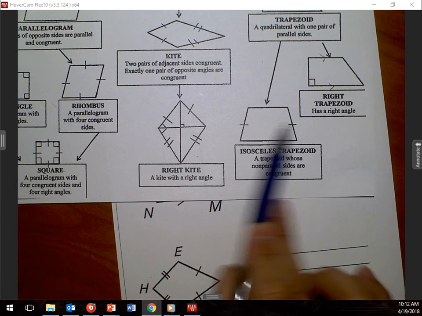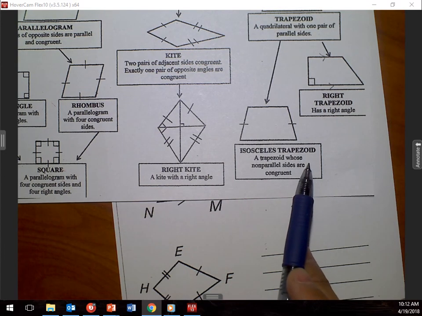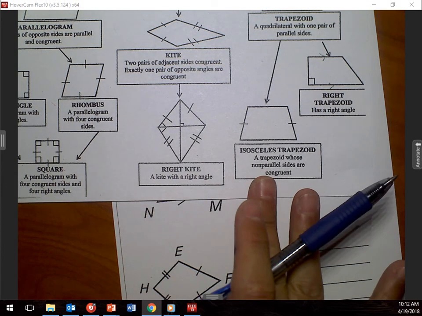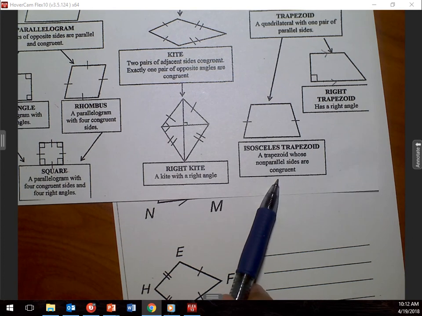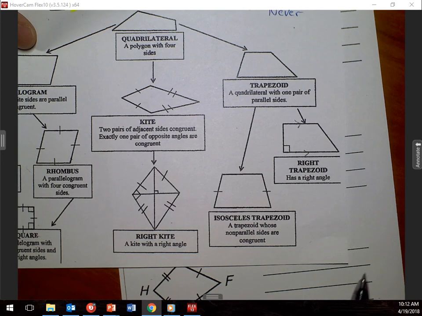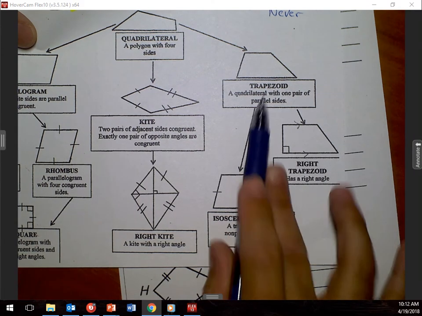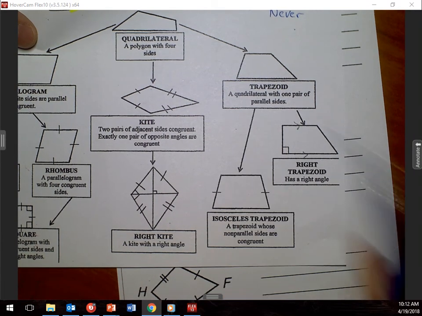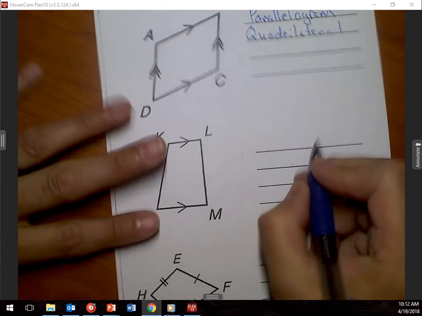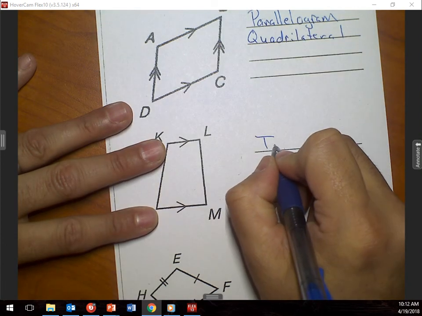If you notice, the congruent markings are the tick marks, right? Is that pretty straightforward? So this one has to be what? Is there a right angle there? No. So if it's a trapezoid, it's also what? A quadrilateral.